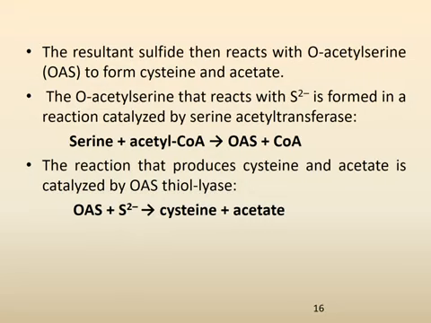The O-acetylserine that reacts with sulfide is formed in a reaction catalyzed by serine acetyltransferase. Serine plus acetyl-CoA give rise to O-acetylserine plus coenzyme A. The reaction that produces cysteine and acetate is catalyzed by O-acetylserine thiolase.